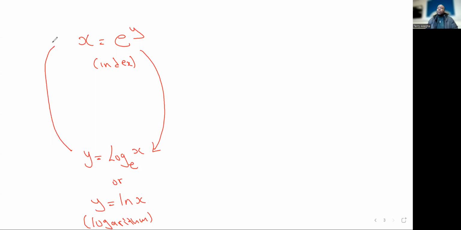And also you can move to the other side. e raised to the power y is equal to x. So the same principle. We have x is equal to e raised to the power y. To remove this e, you can take the ln of both sides. So ln x is going to give you ln e raised to the power y. And like I told you, ln always cancels out exponents.